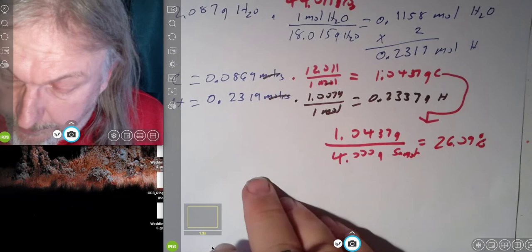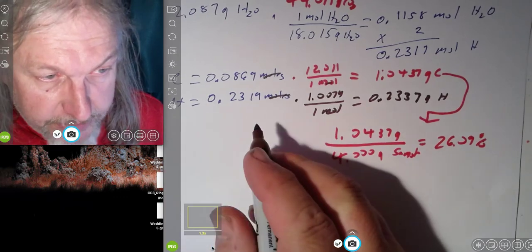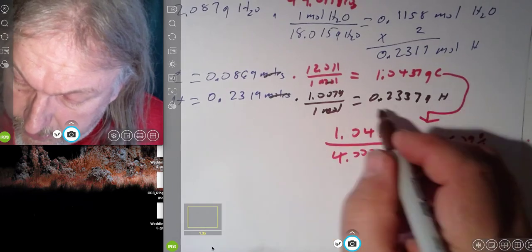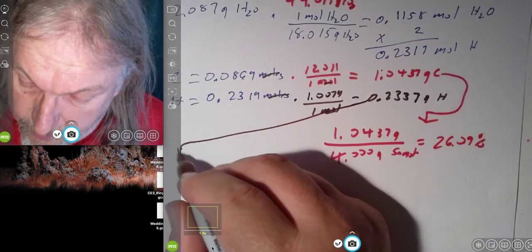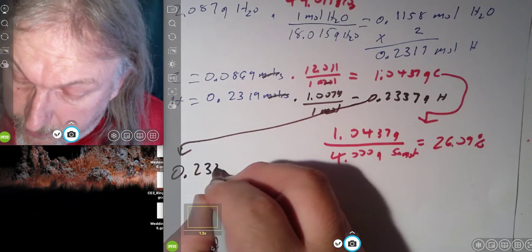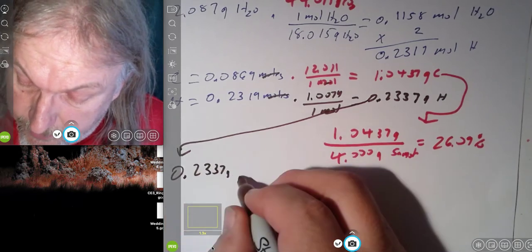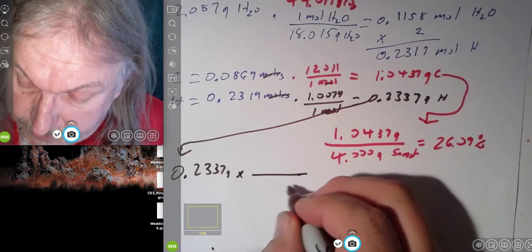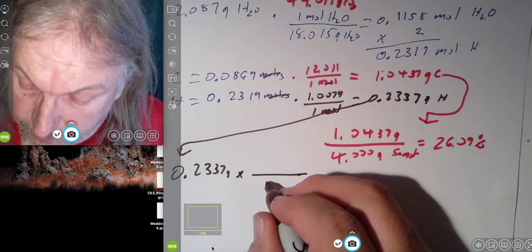So now I can get the hydrogen. Let's move this down a little bit. So the hydrogen is 0.2337 grams.